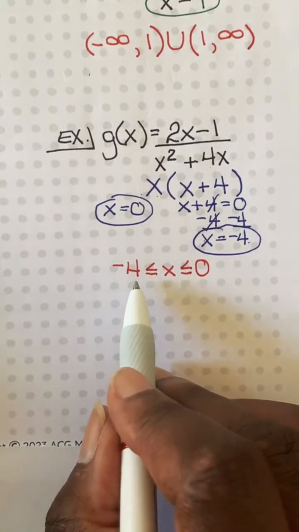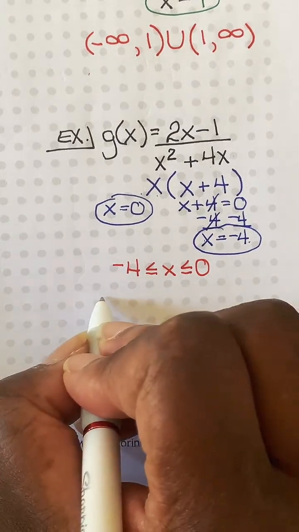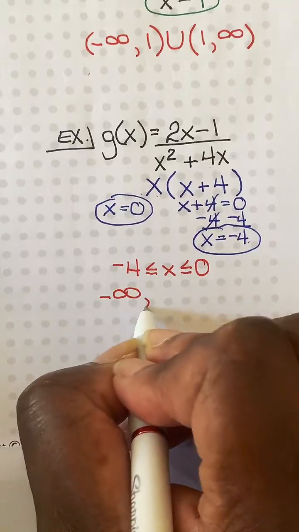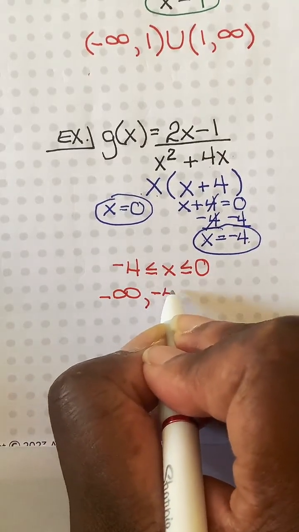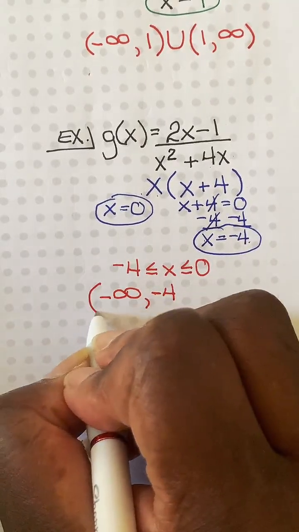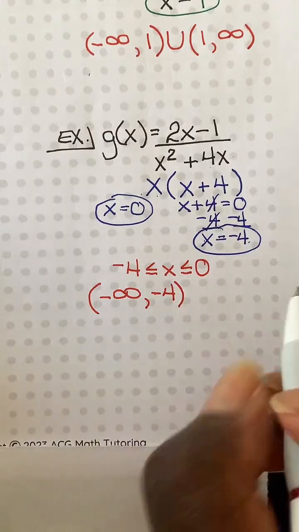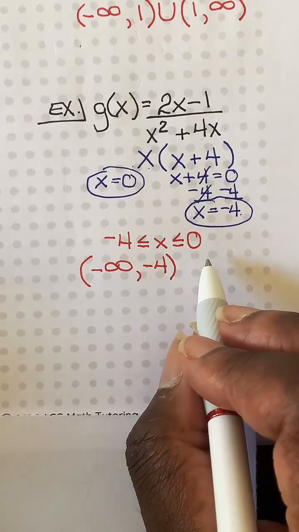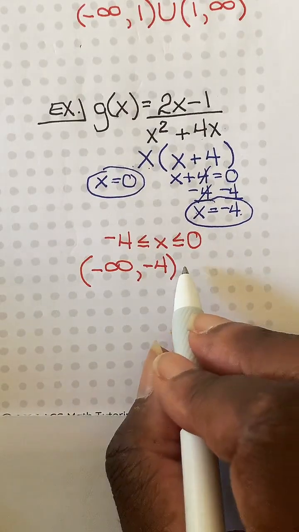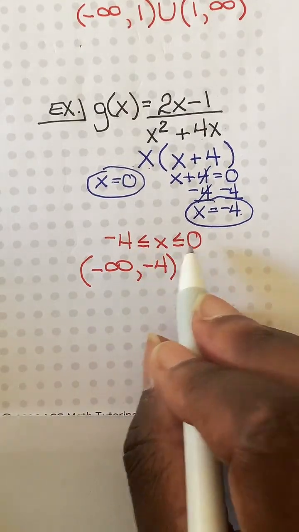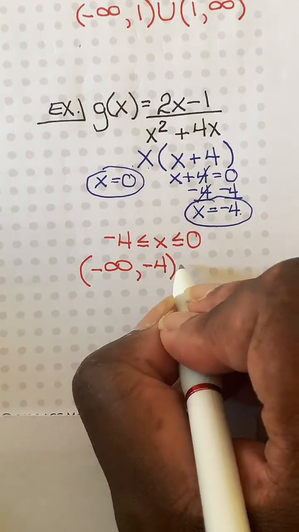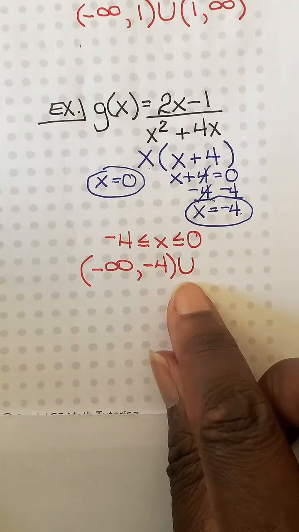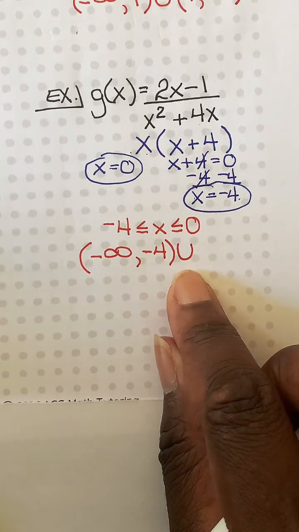So we're saying from negative infinity up to negative 4. But we have to mention this 0. In order for me to do that, I need to mention what's happening between negative 4 and 0. We use this symbol right here to represent union.